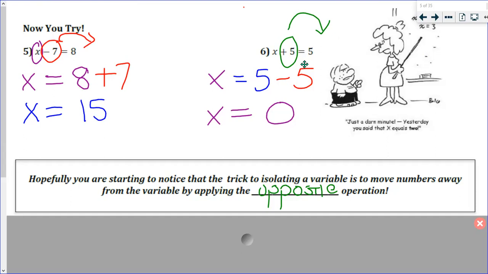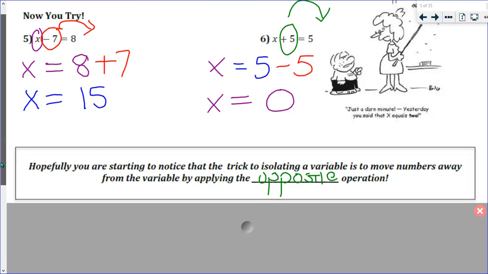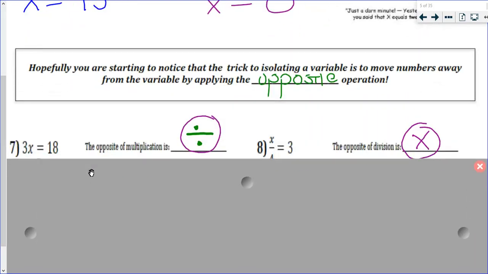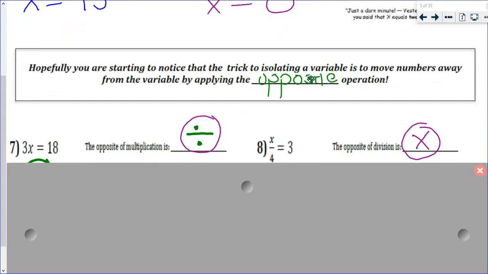Okay, I'm just going to scroll down so you can continue to write the rule, but we're going to tackle 2 more problems. So I want you to write number 7 and 8, as well as these words about the opposite operation. So 3 is stuck to the x because they've been multiplied together, the 3x on the left-hand side.